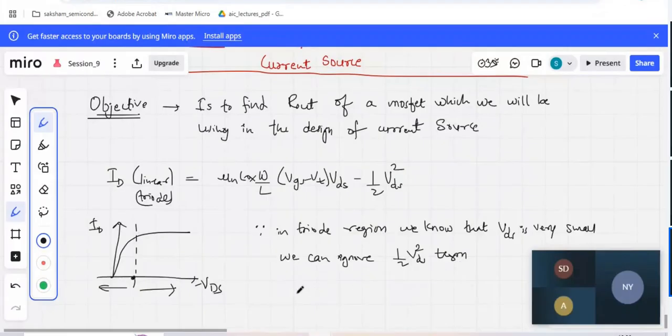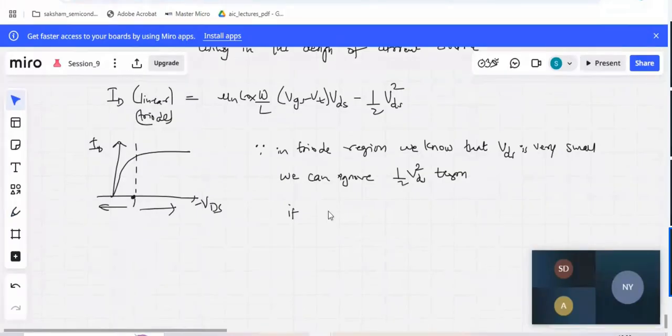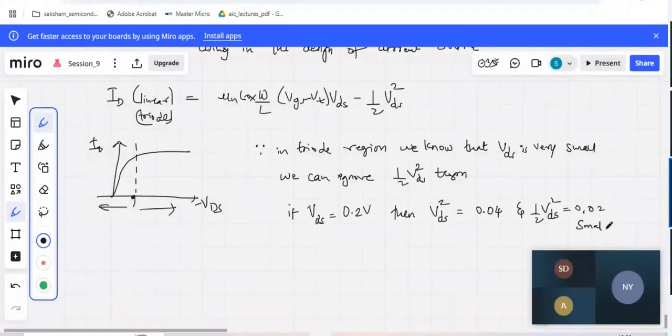For example, if VDS is equal to, let's say, 0.2 volt in this triode region, then VDS square will be 0.04 and half of VDS square will be 0.02, which is even smaller, right? So that is the reason I can ignore this particular term from this equation.